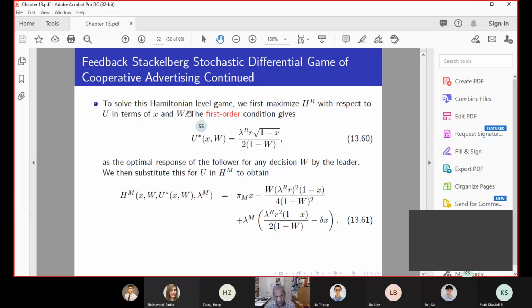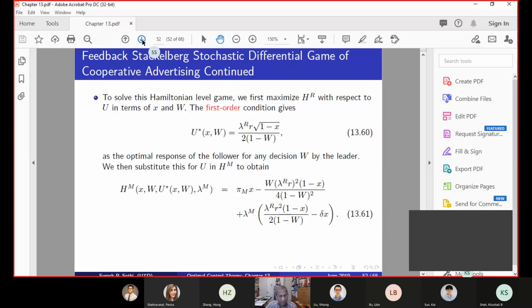That's our function u star of x, w. That's a first order condition. And we can put the optimal response into the Hamiltonian to obtain the Hamiltonian with the u star. So now this becomes just a function of w and x.